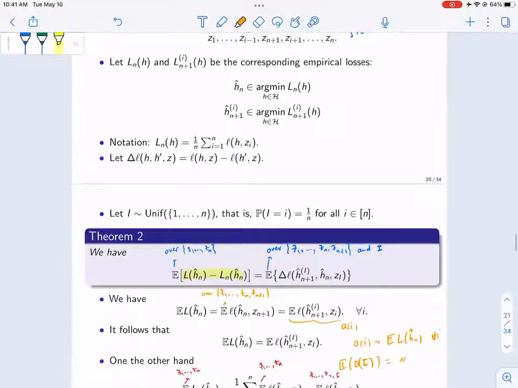I should have, so if you go to the proof, we didn't use the fact that this is a minimizer over a particular edge or anything.